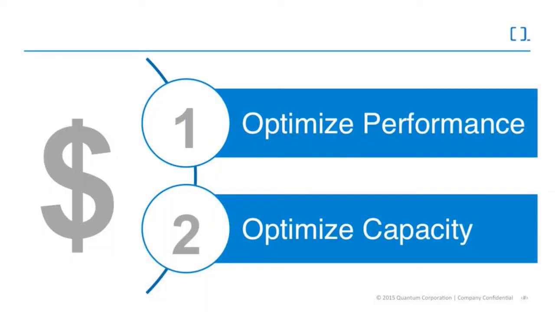So if you could get the best possible performance from your disks at all times, and you could afford to do it, tiering wouldn't be an issue. You'd put everything where you want it and it would run great. But it is an issue because we can't all afford to run everything in Flash all the time. So we need to optimize performance and capacity based on our ability to pay for it, because performance is expensive and capacity is less expensive, but it still does cost money.